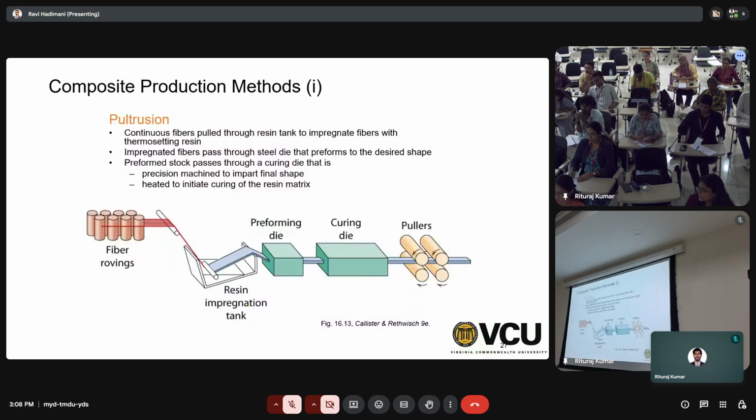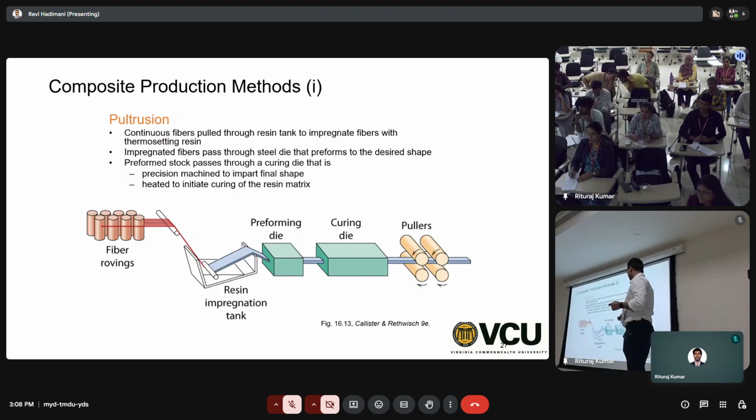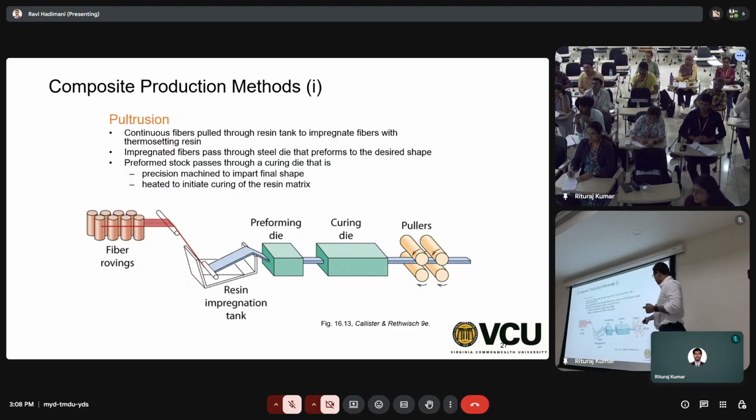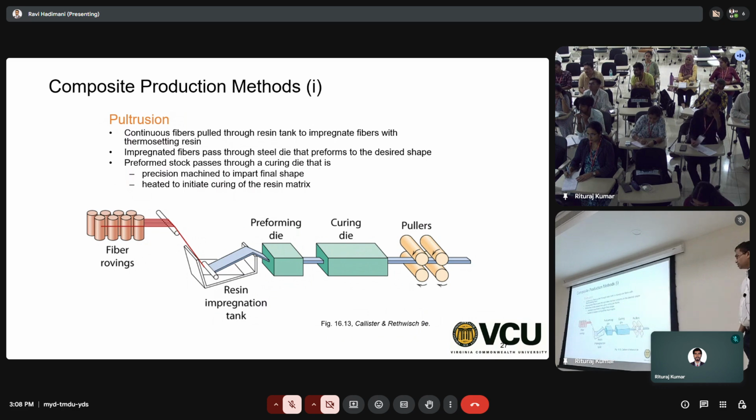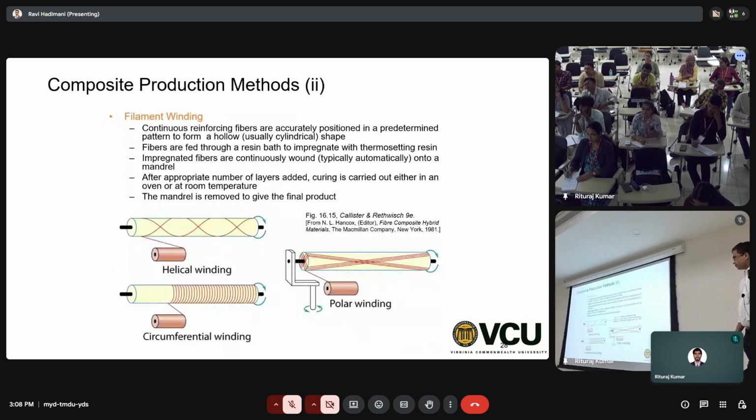One way to make fiber reinforced composite is called the pultrusion method. Basically, you take the fibers, draw them into the matrix phase, then you cure it, and then you press it in the rolls. That is a fiber reinforced composite, and this is one way to make it.